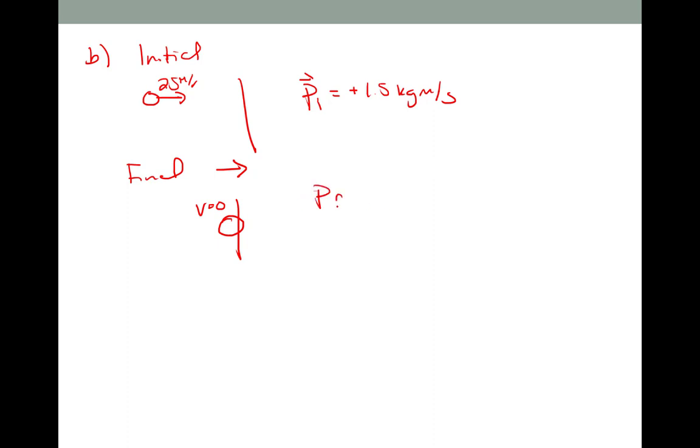Our final momentum for this one is going to be 0 kilogram meters per second. And that means that my change in momentum will be negative 1.5 kilogram meters per second.